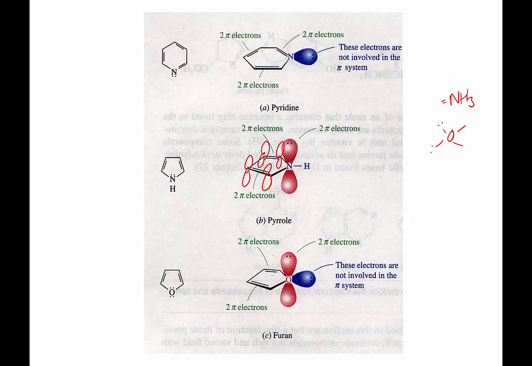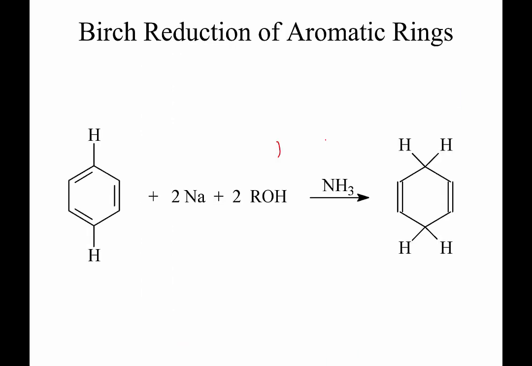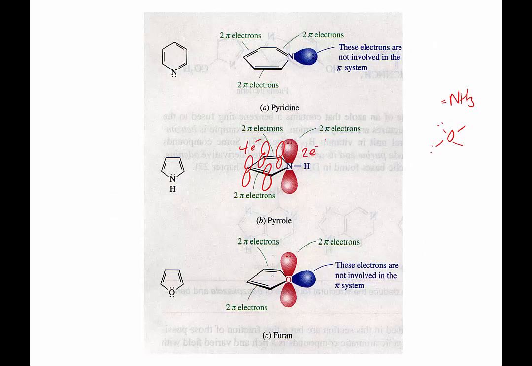If I go sp3, the lone pair is out of the pi system, and the molecule's not aromatic. But if I become sp2, my lone pair becomes part of a parallel p orbital that now becomes part of the pi system. And now instead of the pi system having 4 pi electrons, it will pick up my 2, and as a molecule, I will become aromatic and I will become superstable.